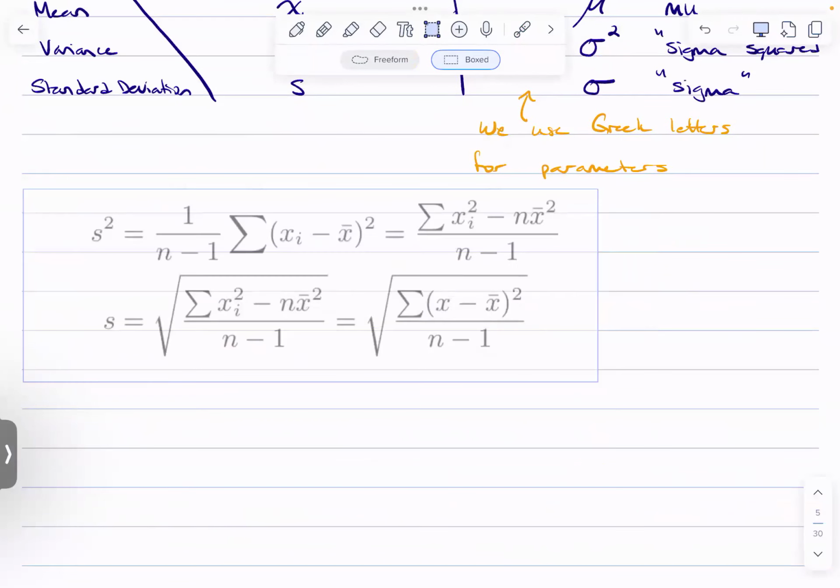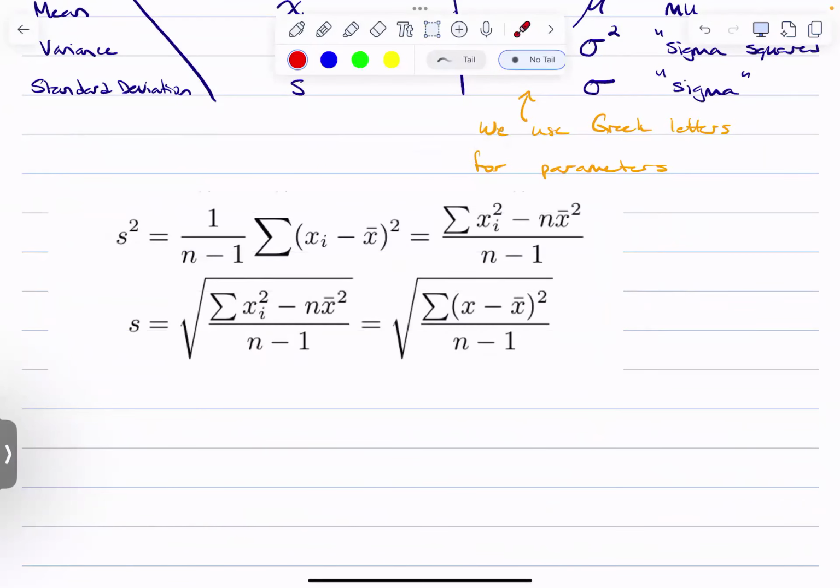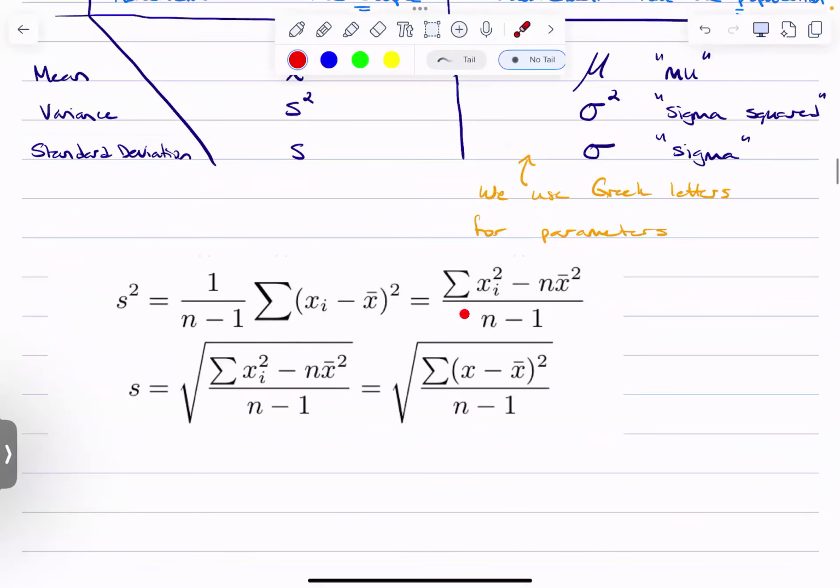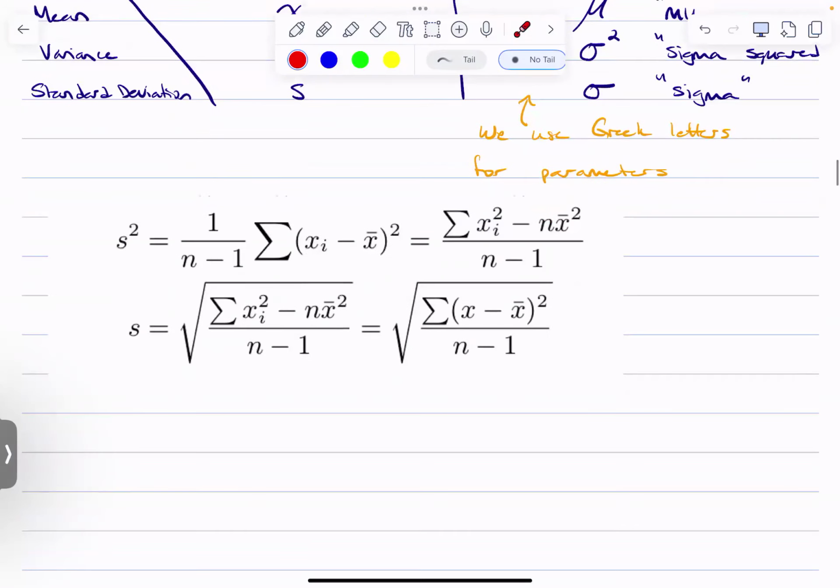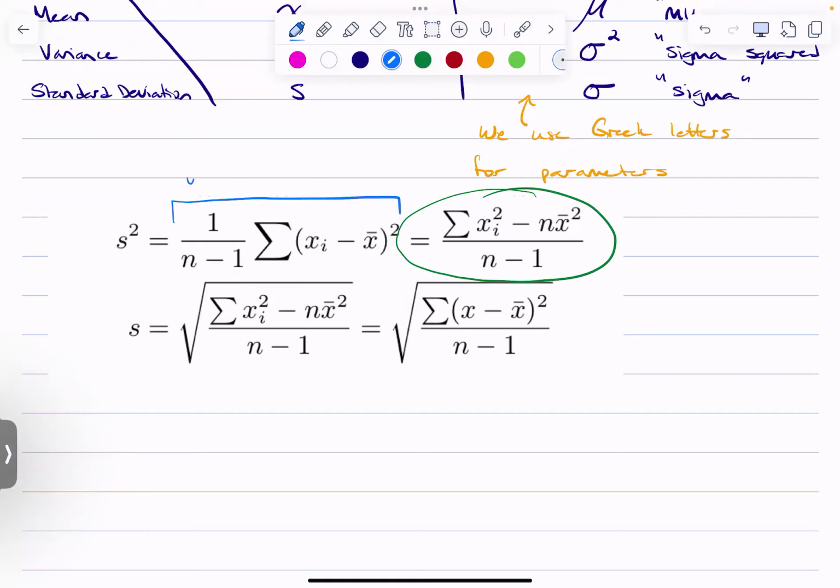What does this version of the formula do? It's just a different way. And depending on what information you have, it might be an easier way of calculating the variance. But let's just briefly talk about how it works. So this one we used in the variance example.